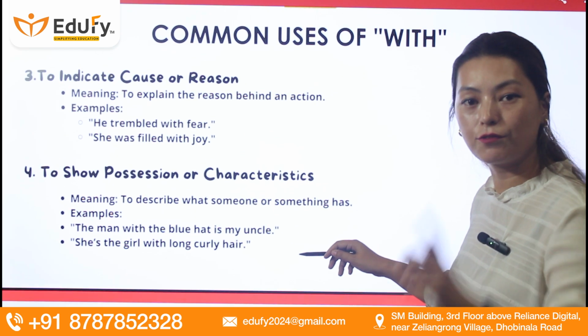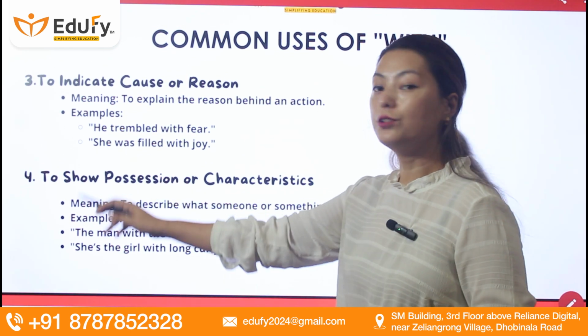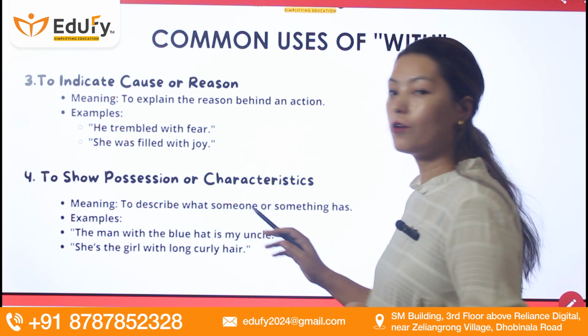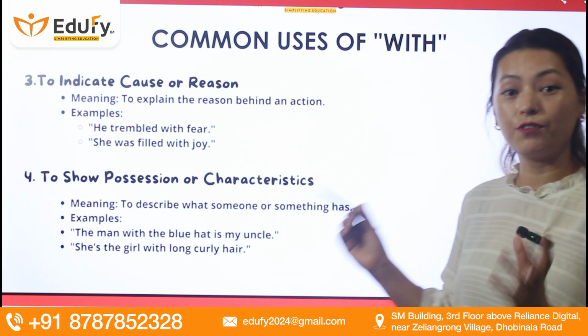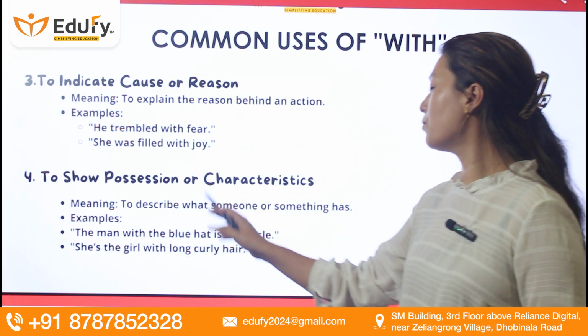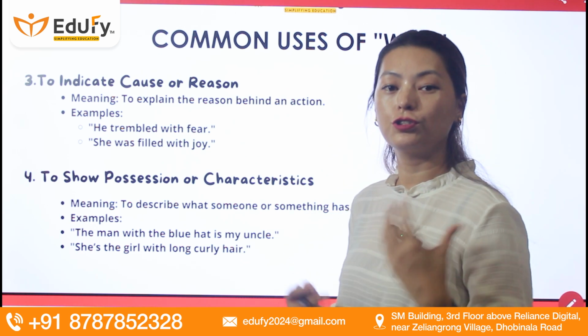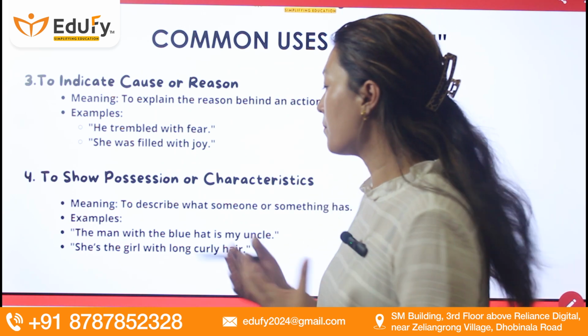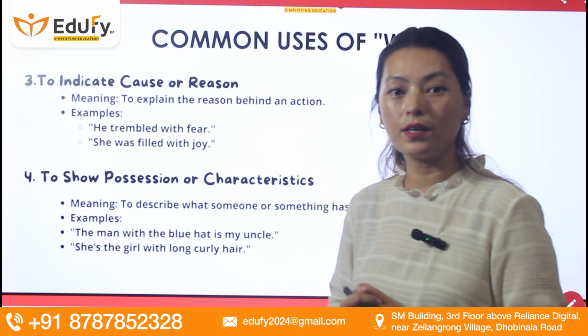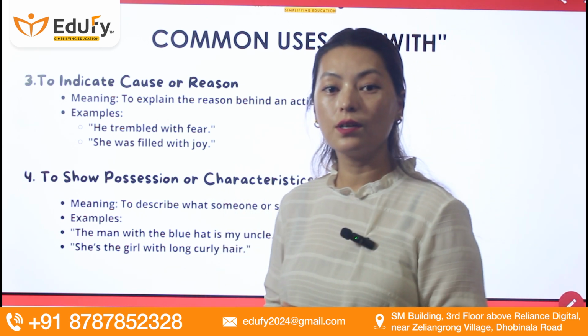Now, if we look at the fourth point, it is used to show possession or characteristics. This is very important to describe what someone or something has. In order to show that someone or something is in possession of something, we use the preposition "with".